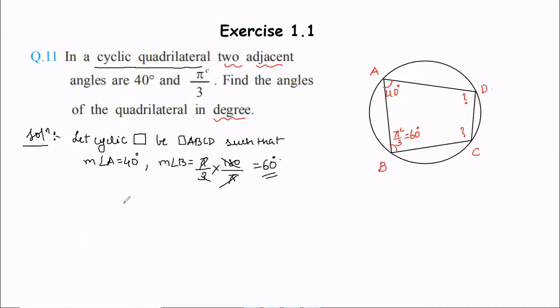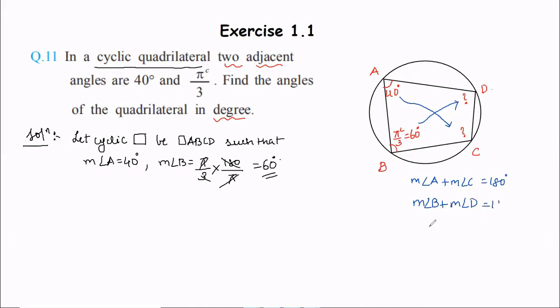How will we do it? There's a property of cyclic quadrilateral, and if you don't remember, let me remind you. A pair of opposite angles in a cyclic quadrilateral are supplementary, which means that measure angle A plus measure angle C should give you 180 degrees. And similarly, measure angle B and measure angle D should give you 180 degrees.